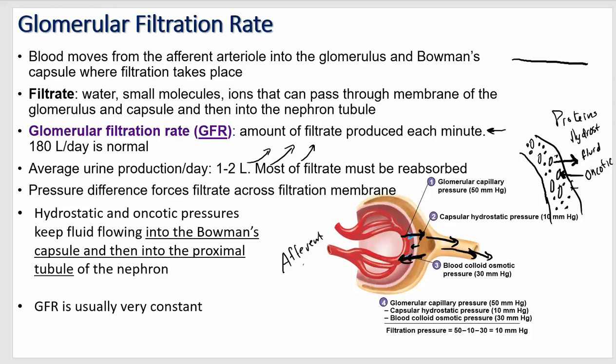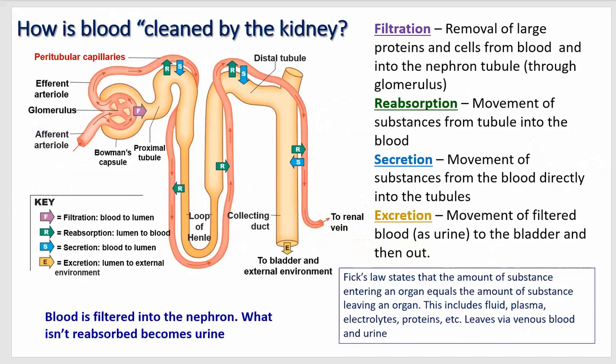Okay, so hydrostatic and oncotic pressures keep fluid flowing into the Bowman's capsule, and then they move into the proximal convoluted tubule or proximal tubule, and they go on to find out if they get to be urine.